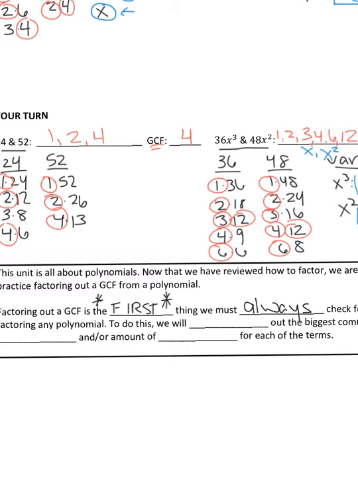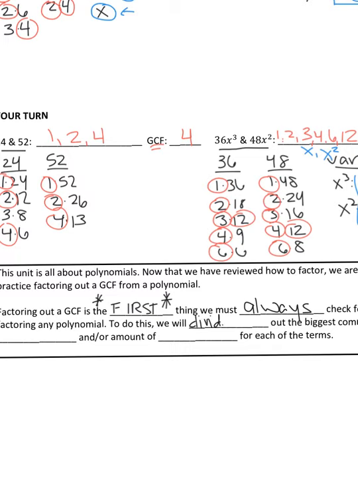To do this, we will divide or factor, right? Factoring is really our division. We already added, subtracted, and multiplied polynomials the last couple weeks. Now we're factoring or dividing out the biggest common number, right?